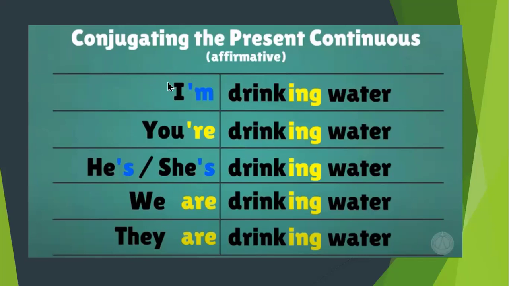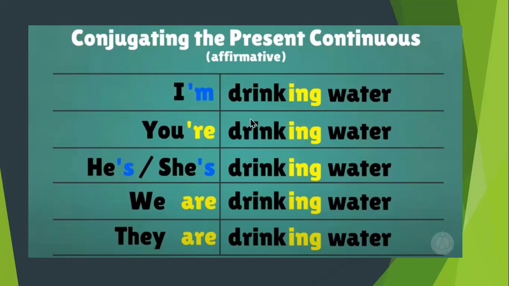This is not the simple form anymore because we have a combination. We use a second verb. That's why it's not simple present anymore. Now it's present progressive, or present continuous. So that's the point that we have to remember.